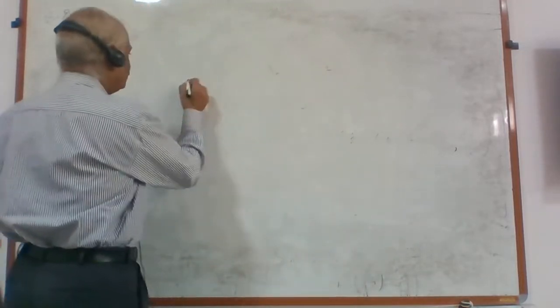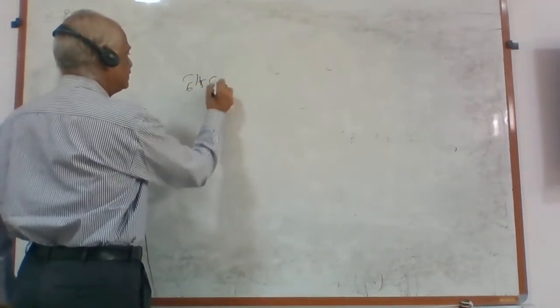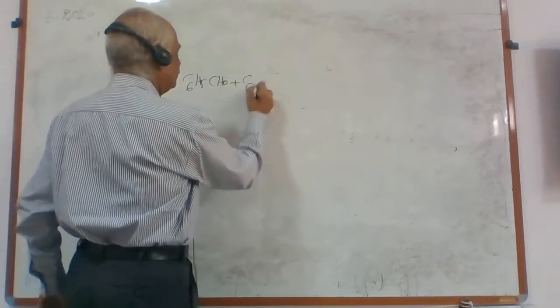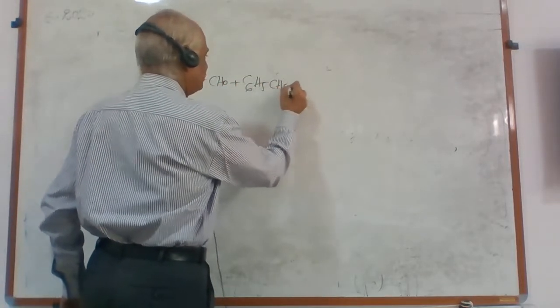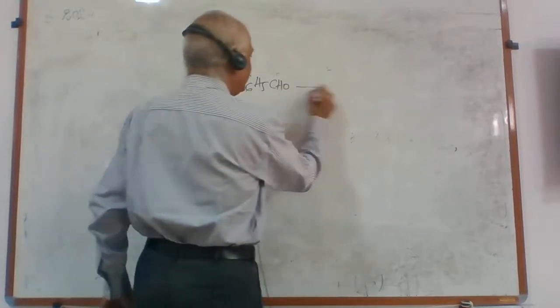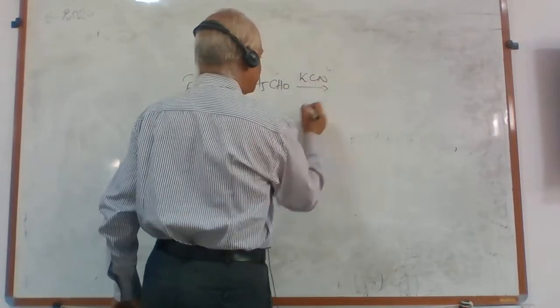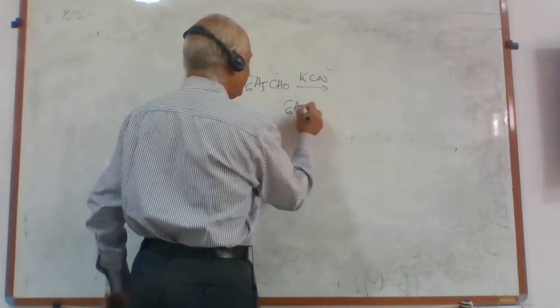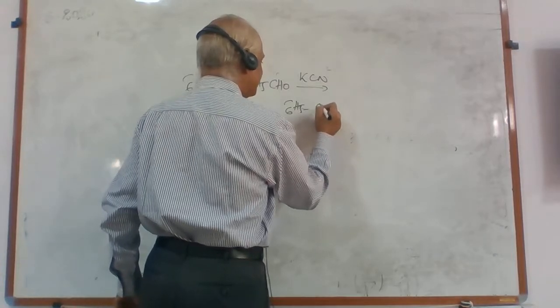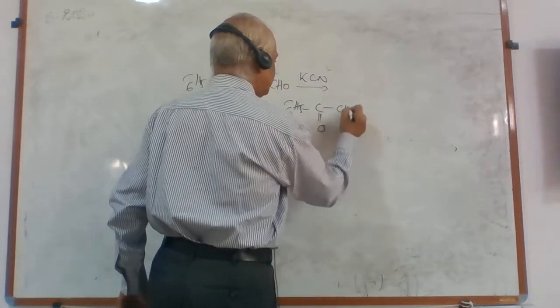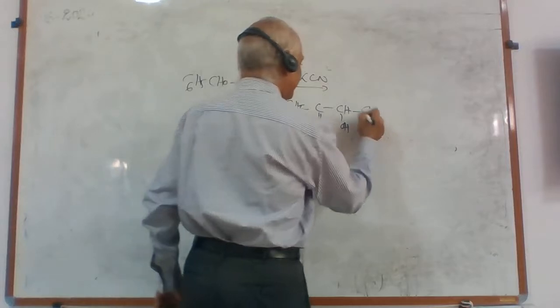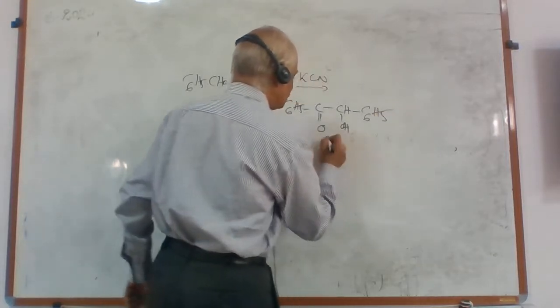Now, I treat benzaldehyde as an example. So, two molecules of benzaldehyde I take, C6H5CHO plus C6H5CHO, in presence of potassium cyanide forming C6H5 C double bond O CHOH C6H5.